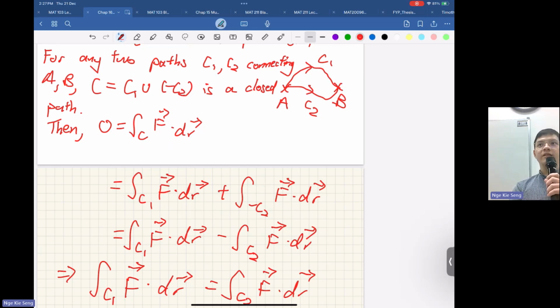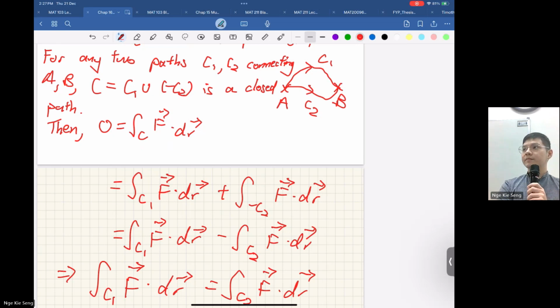The trick here is how you form a closed path from 2 paths, and then how to split a closed path into 2 paths. How to split a closed path into 2 paths, how to join 2 paths into a closed path. Other than that, it's just a property of line integral.